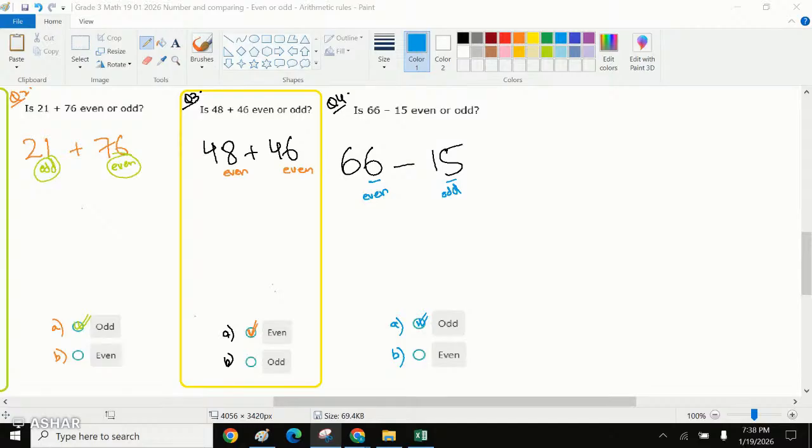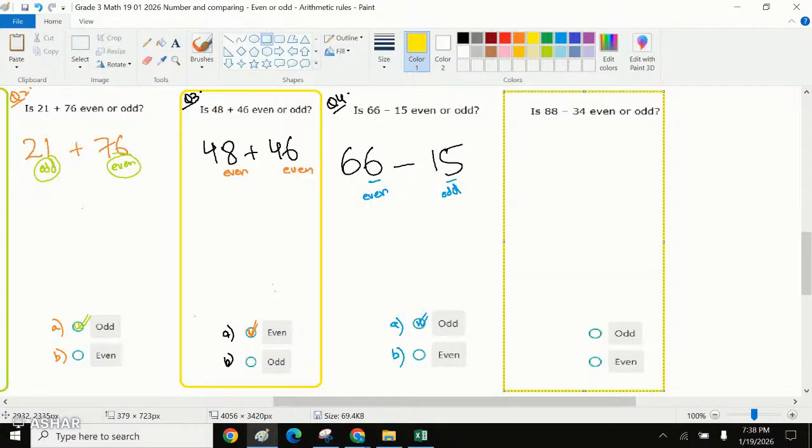The next question we have is 88 minus 34. Question number 5, option A and option B. Yes, thank you for question number 4.